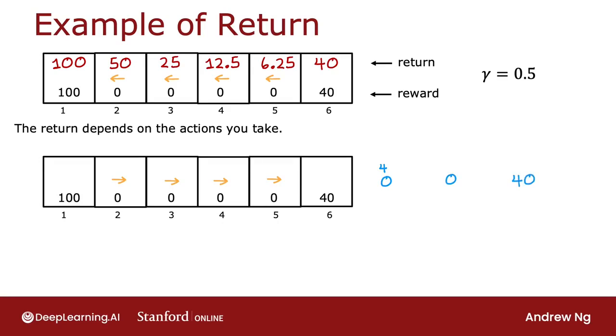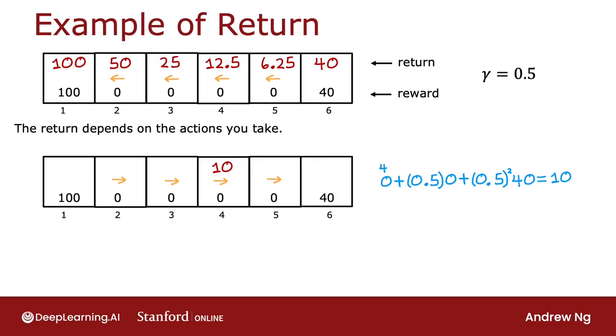In this case, the return would be 0 plus 0.5, the discount factor, times 0, plus 0.5 squared times 40, and that turns out to be equal to, 0.5 squared is 1/4, so 1/4 of 40 is 10. And so the return from state 4 is 10.